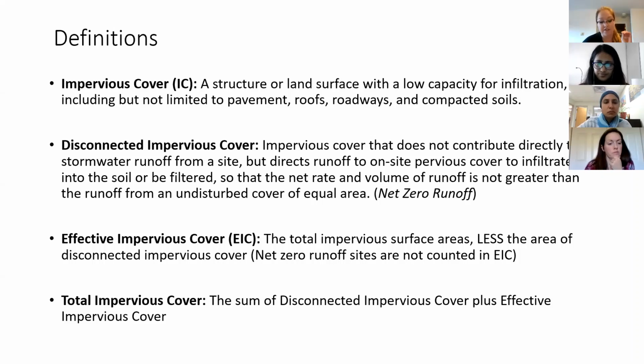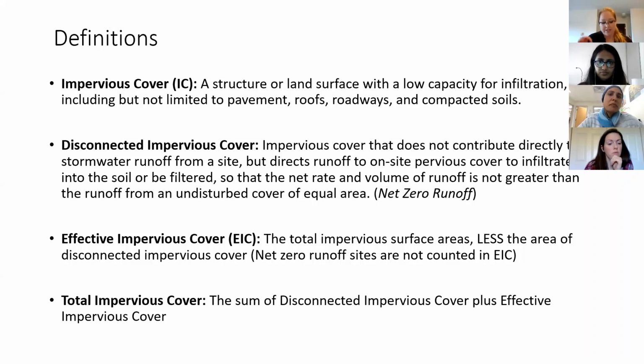Effective impervious cover is the total impervious surface area less the area of disconnected impervious cover. So a net zero runoff site is not counted in the effective impervious cover. The total impervious cover is simply all impervious surfaces in your watershed without looking at stormwater management systems.